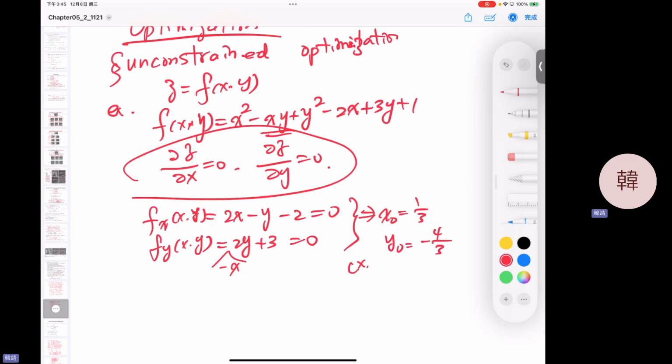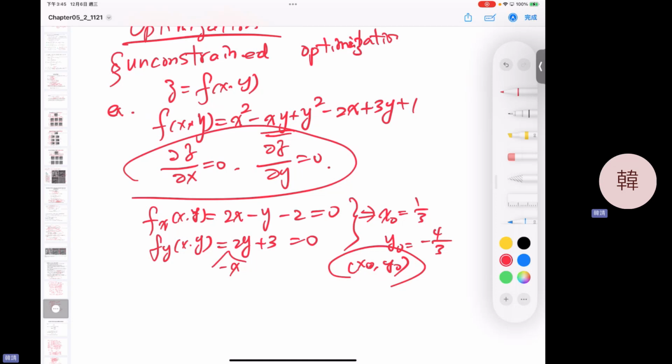Okay, so x0 and y0 will give you the extreme value point, but you don't know whether it's a maxima or minima. So you have to do the second derivative to check it. The first derivative is the slope, the second derivative is the slope difference.